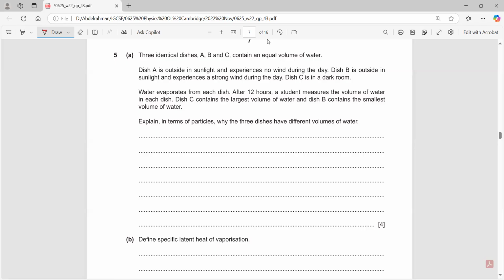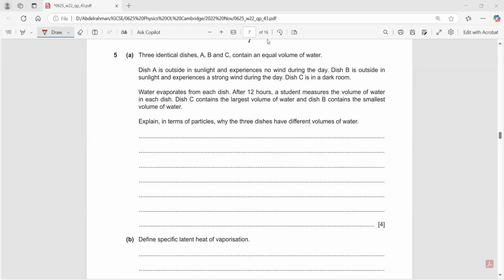In terms of particles, when we talk about evaporation, you would say that the dishes in the sun receive a lot more kinetic energy, or heat energy, or thermal energy. Therefore, a lot of molecules have the highest energy.